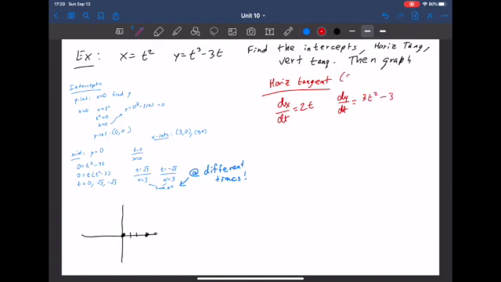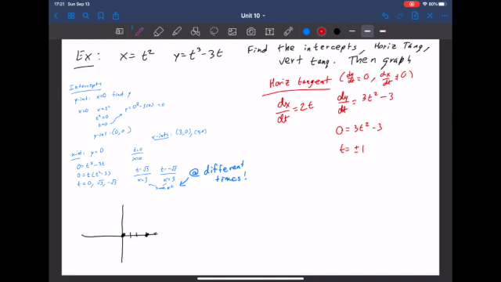And for horizontal tangent, we want dy/dt equals 0, dx/dt not. So 0 equals 3t squared minus 3. You should get t equals plus or minus 1. Will either of these values make dx/dt equal to 0? No.